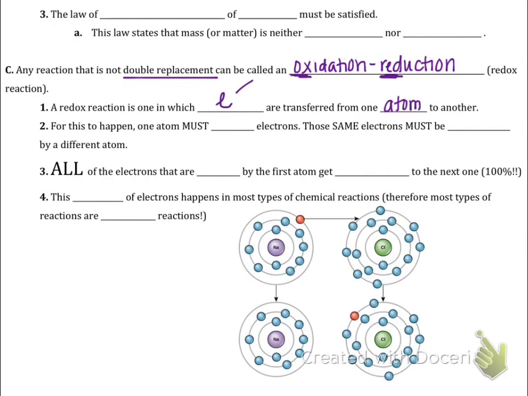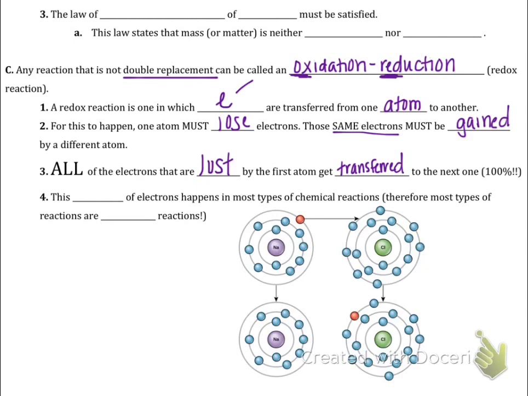For this to happen, one must lose electrons because the same electrons are then going to be gained by another element. So, if electrons are being lost, that means they have to be getting transferred to someone else.